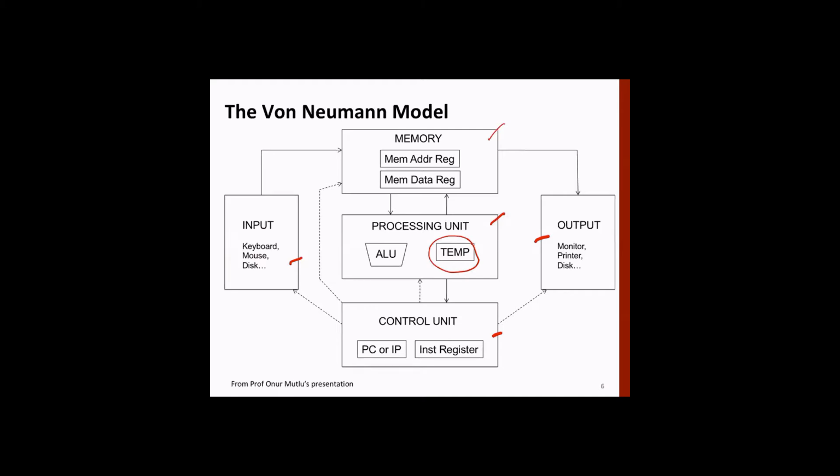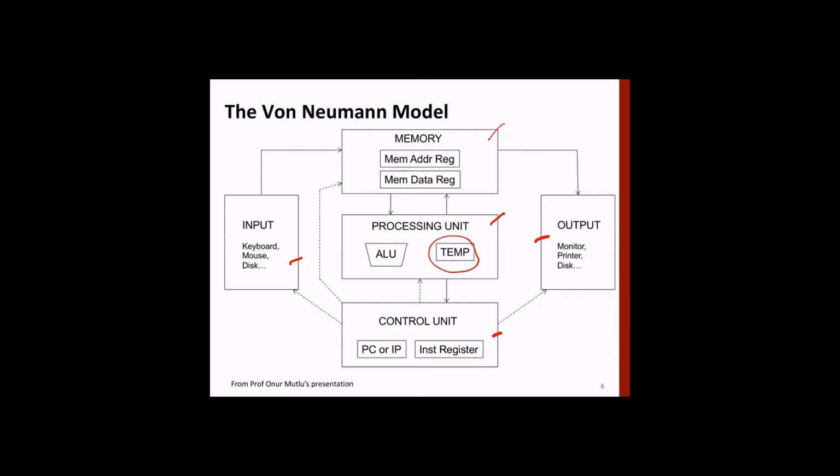The computer model has five parts: input, output, memory, and control unit, and the processing unit has ALU and registers. Now you can see some lines here which are interconnecting. There are some dashed lines and some dark, or solid, lines. The solid line shows data movement.